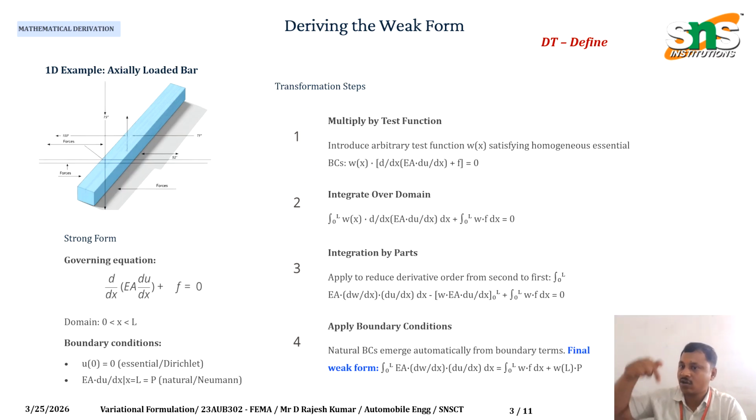And the concentrated load P is applied at the right end, that is x equal to L. And the support conditions: the left end is fixed at x equal to 0 and free at x equal to L, which means at one point the position is 0 and at the other point it is L.